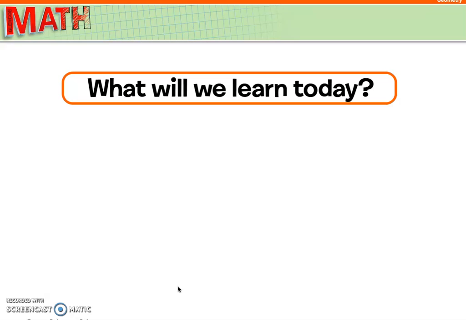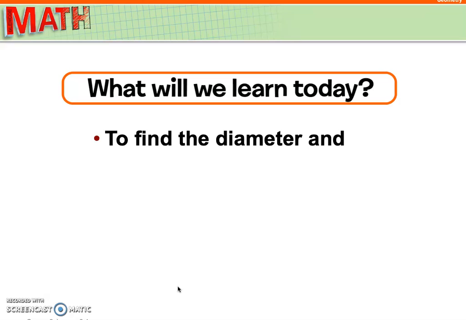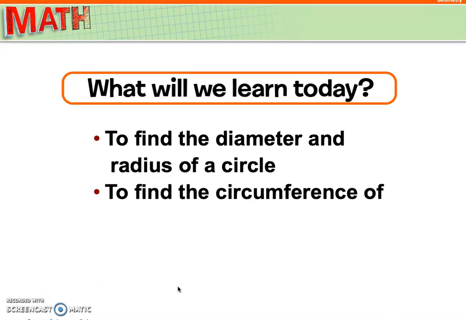All right, what we're going to be focusing on today is how to find the diameter and the radius of a circle. That's going to be the first video. Then the second video is going to be about finding the circumference of a circle, and you'll need a few more supplies.